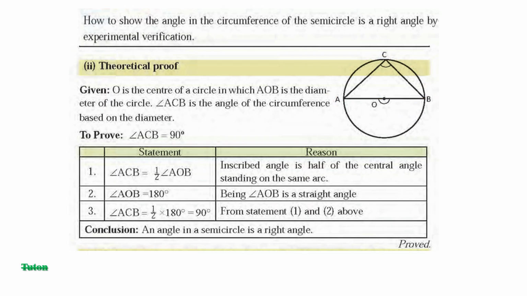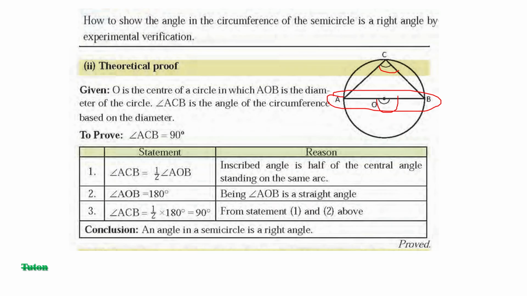We have already derived that the inscribed angle is half of the central angle. Here in this case, the central angle would be angle AOB and the inscribed angle would be angle ACB. These two angles, the central angle and the inscribed angle, have the same base, which is AB.